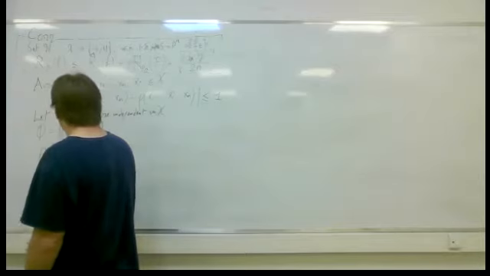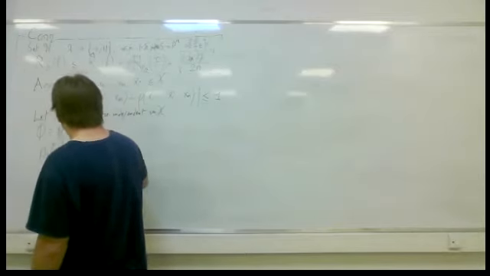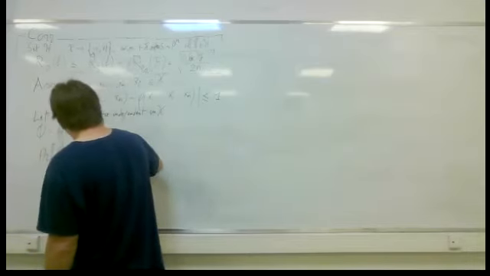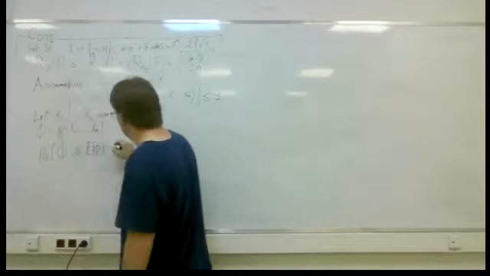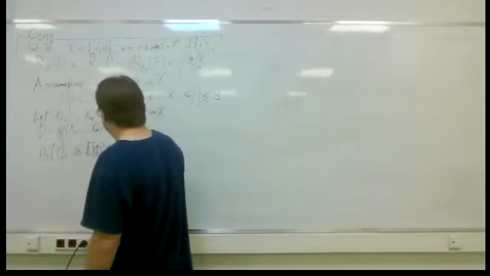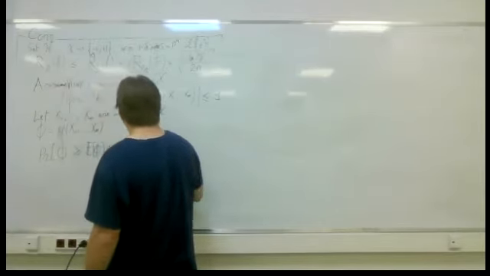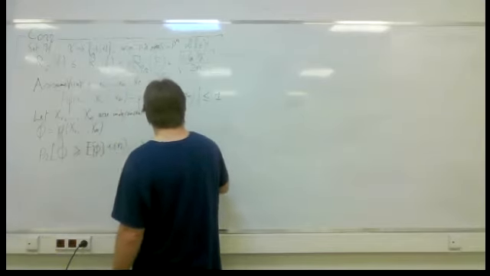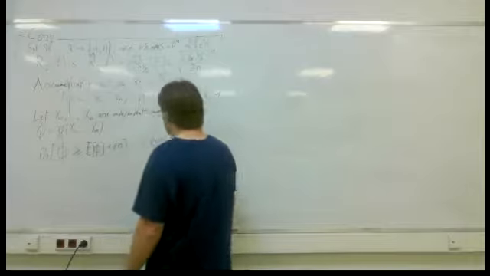So the probability that phi is bigger than the expected value of phi plus epsilon times n is smaller than exp of minus epsilon squared n.